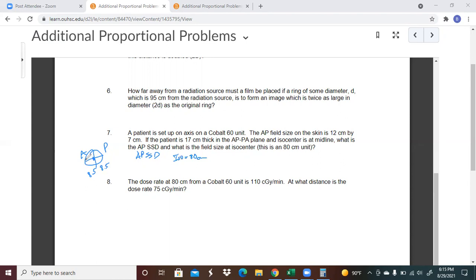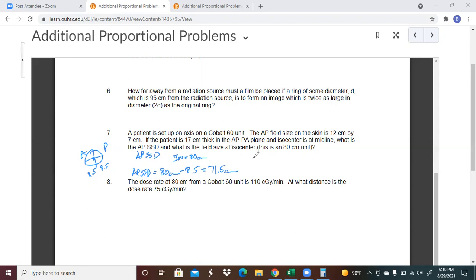So if you're looking for the AP SSD, what you should do is take the isocentric distance, subtract 8.5, and you should come up with 71.5 cm. So that's your AP SSD right there.